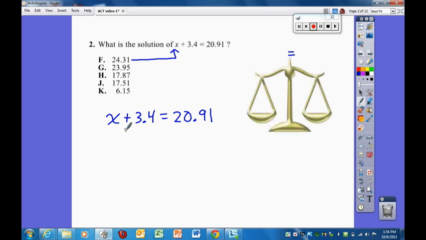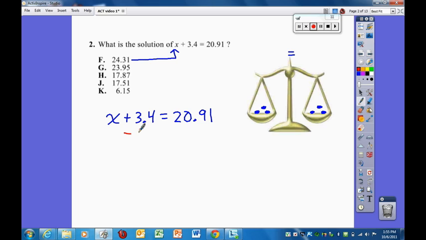And there are certain ways to make this happen, and if you think about what's happening on a scale, or this balance here, it'll help you to solve and keep straight what's going on over here in this problem. If I'm going to get x to be by itself, positive 3.4 has to go away. Okay? The way you make things go away in mathematics is you make them equal to 0.